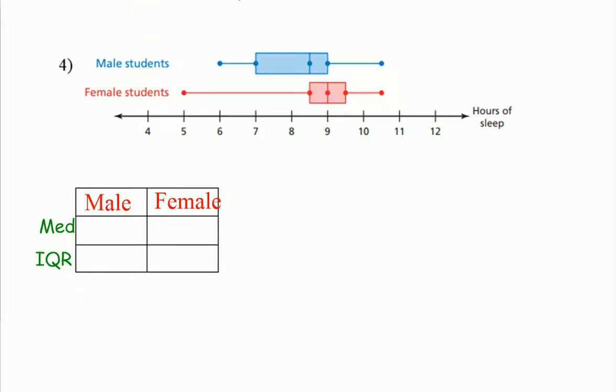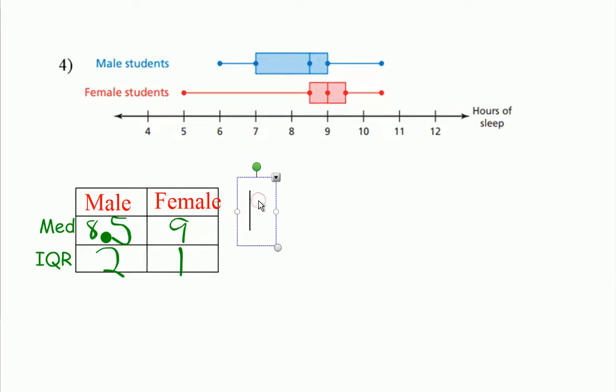So our median here is right in between 8 and 9, which means it has to be 8 5/10. And our median for our female students is 9 hours. Our interquartile range, 9 minus 7 for the males makes 2. And it looks like 9.5 and 8.5, which would make 1 for the females.